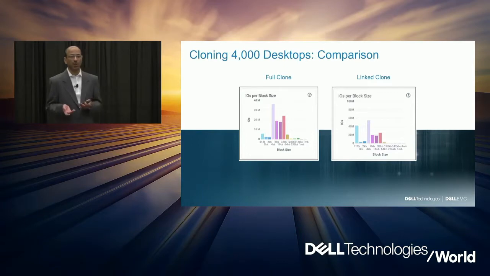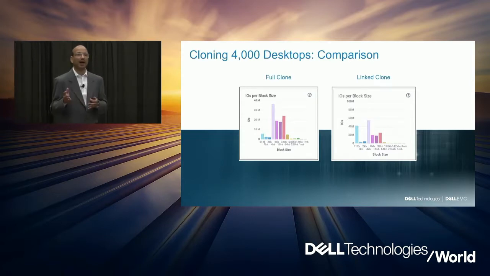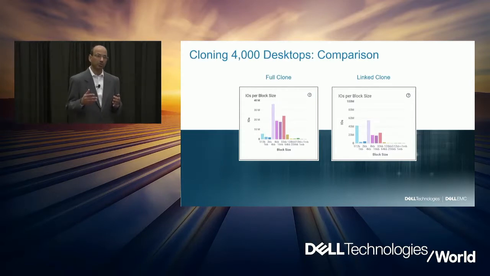This gives you an understanding of how the block size histogram looks for delivering different types of IOs. Again, this is useful not only for VDI, but also any type of workload that you might be running on XtremIO. You see, for full clones, it's 4 kilobyte and higher blocks that were mostly used.